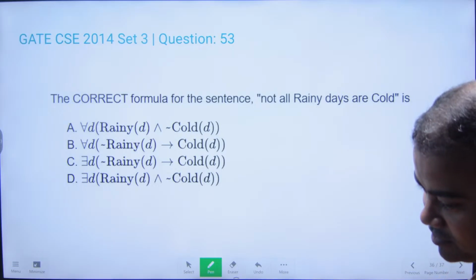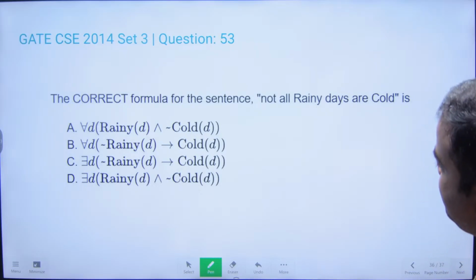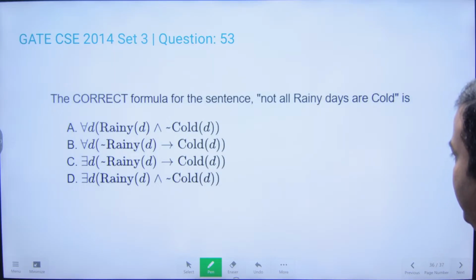You do this by yourself. Option D: there exists one day which is a rainy day and not cold.